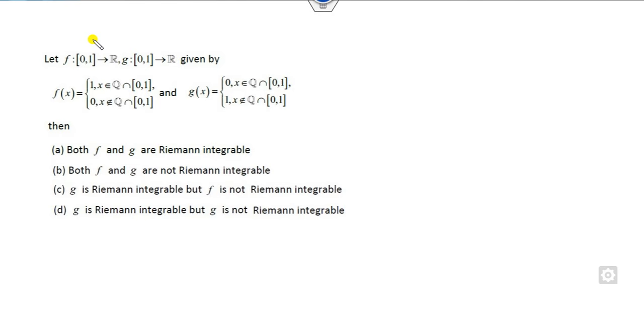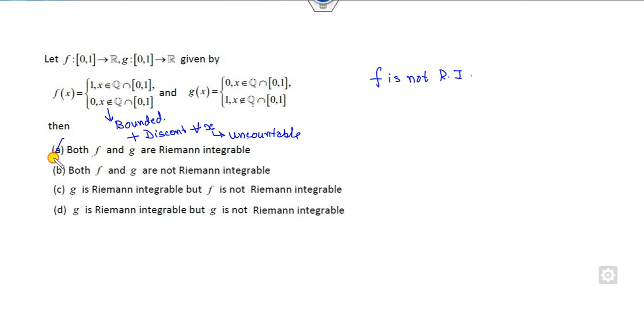Okay, look at this another one. Clearly this is a bounded function. Firstly we can think about f. f is a bounded function, but it is discontinuous for all x. If all the x are discontinuities, they are uncountable. If they are uncountable, it means f is not Riemann integrable.